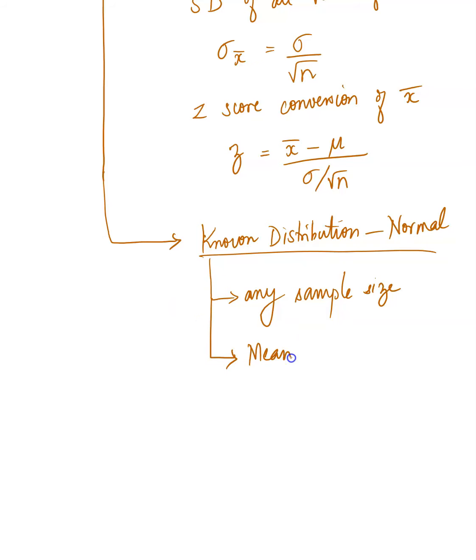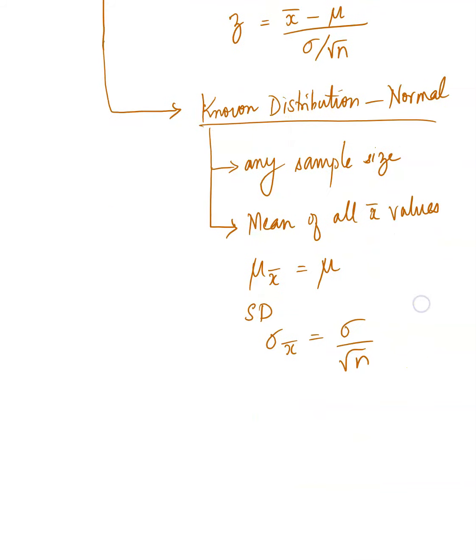So the new distribution, mean of all x bar values, is mu x bar is mu itself. Standard deviation is sigma x bar equals sigma over root n. I'm just skipping all the extra words. So mean, standard deviation, and z conversion they all remain the same.